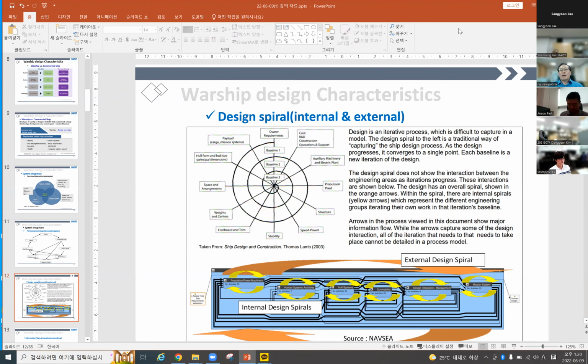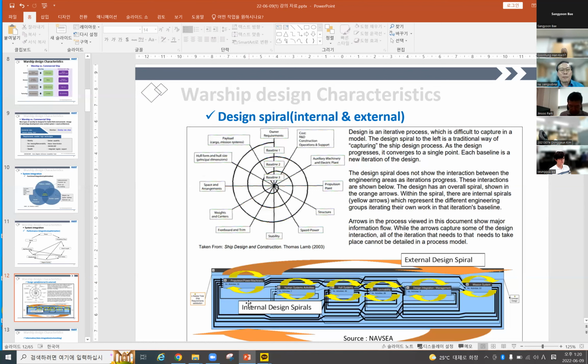And I'd like to explain about the external design spirals. This is the internal one, compromised and converging the performance in the naval ship design, but externally it is also very related, so consider the external design spiral for some differences.